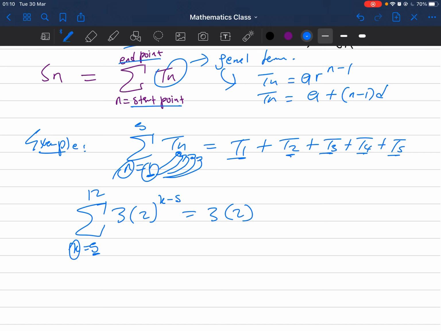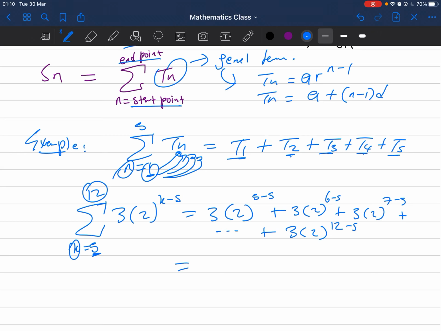So on, T5. So here it started at 5. So you're going to have 3 times 2 power k, which is 5 minus 5. Increase by 1, so it's going to be 6, 6 minus 5. 3 times 2 power 7 minus 5 now. Plus, until the last value, which is 12. So it's going to be 3 times 2 power 12 minus 5.